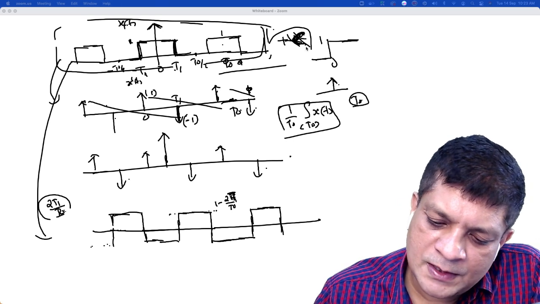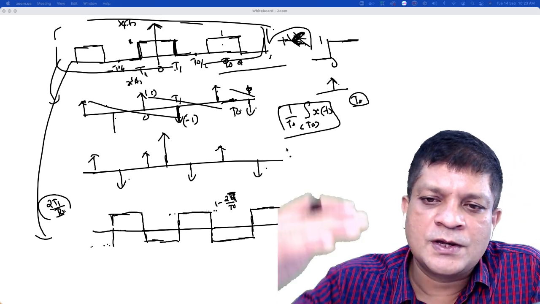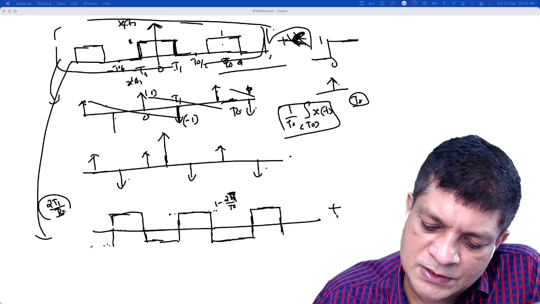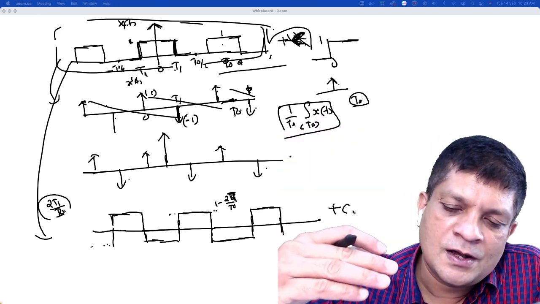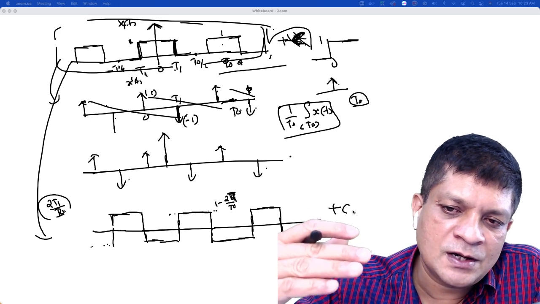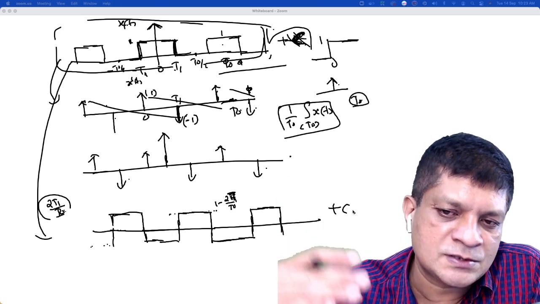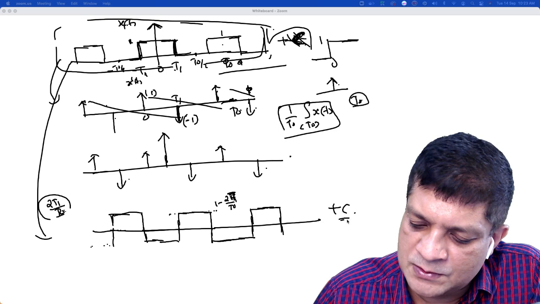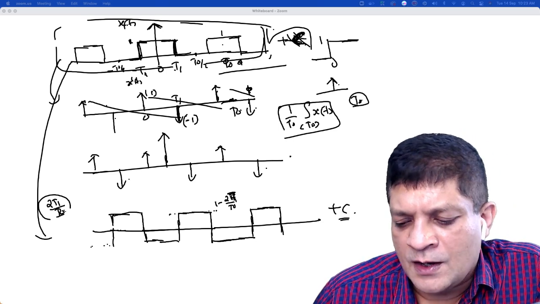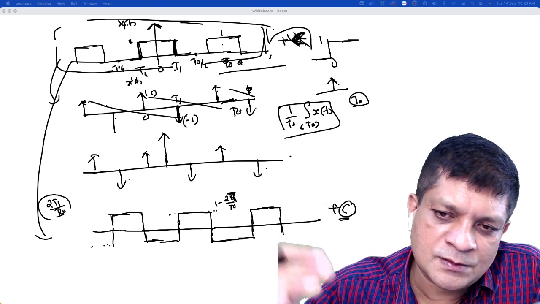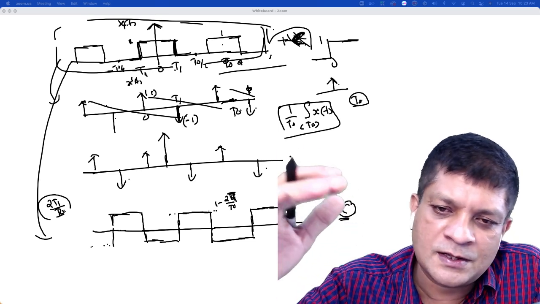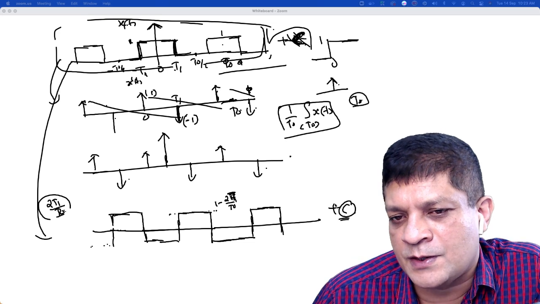Now if you add a constant value to this signal, you will get a periodic signal that has some DC value. It is shifted up or down with respect to C. Depending on the value of C, there are infinite number of such signals. The only difference is in the DC value.